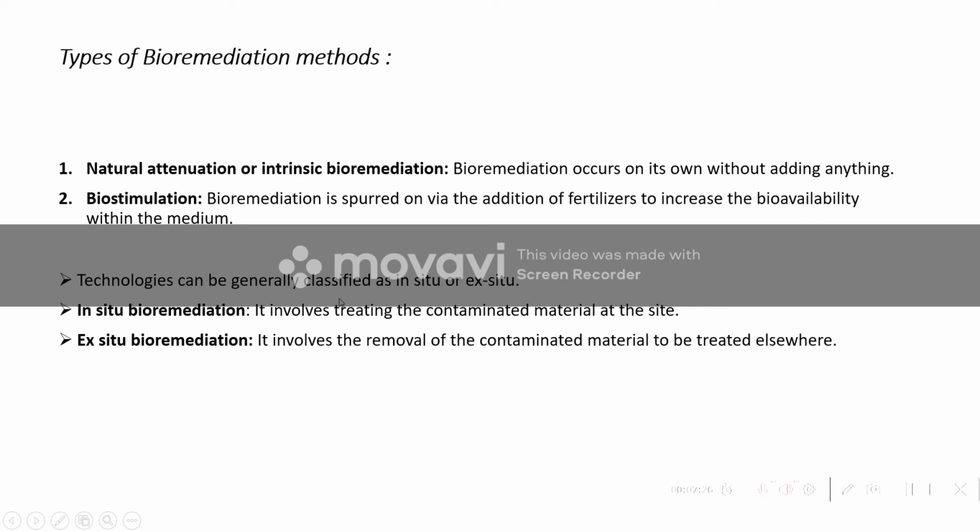Technologies can be generally classified as in situ or ex situ. In situ bioremediation involves treating the contaminant material at the site. Ex situ bioremediation involves the removal of contaminated material to be treated elsewhere.